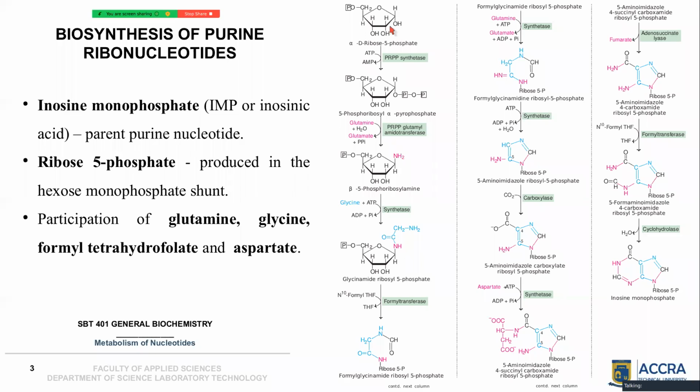So we see that, first of all, this ribose 5-phosphate, which was produced in the hexose monophosphate shunt or the pentose phosphate pathway, first of all, gets phosphorylated. So you see ATP coming in this reaction.